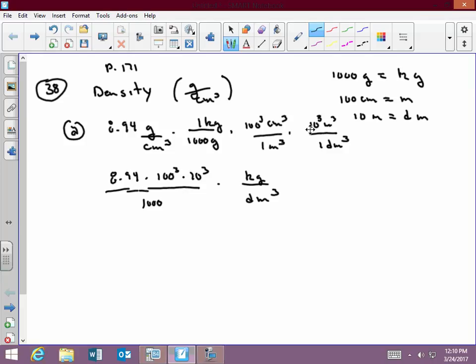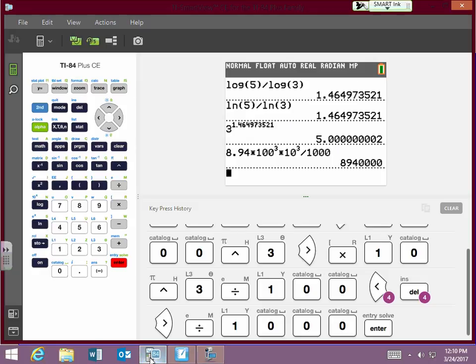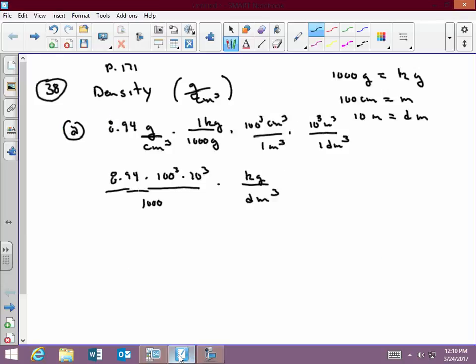And there's 10 of those meters, I guess. So what did I have? 8,940,000. Seems like it should be less, don't it?